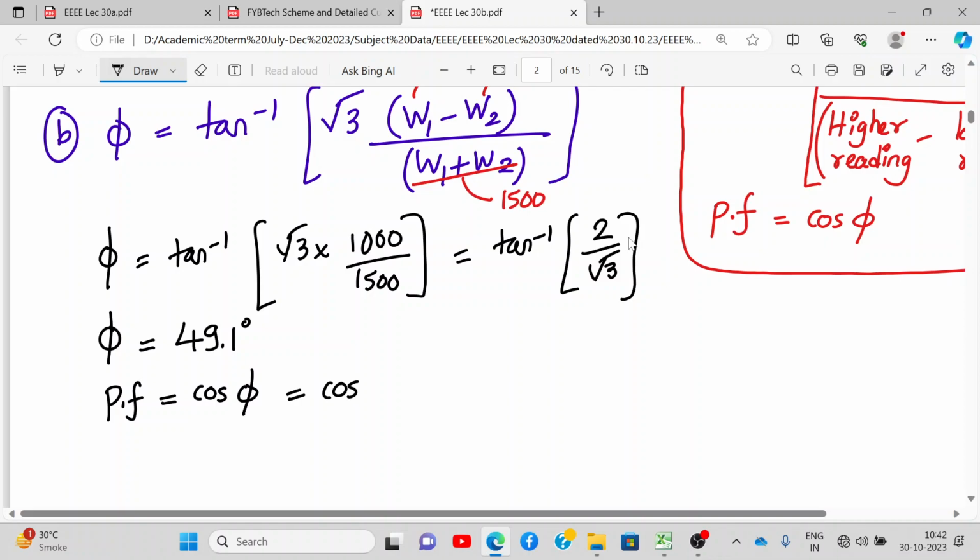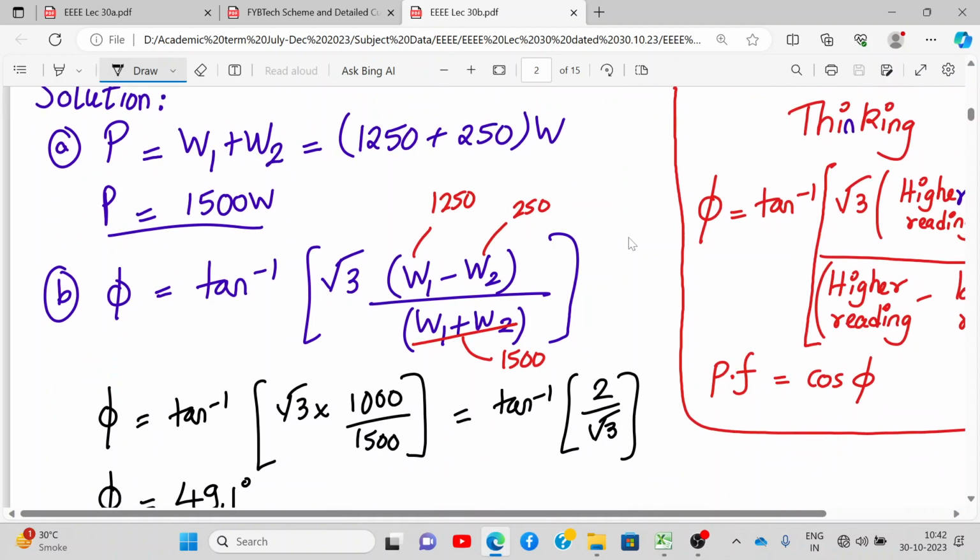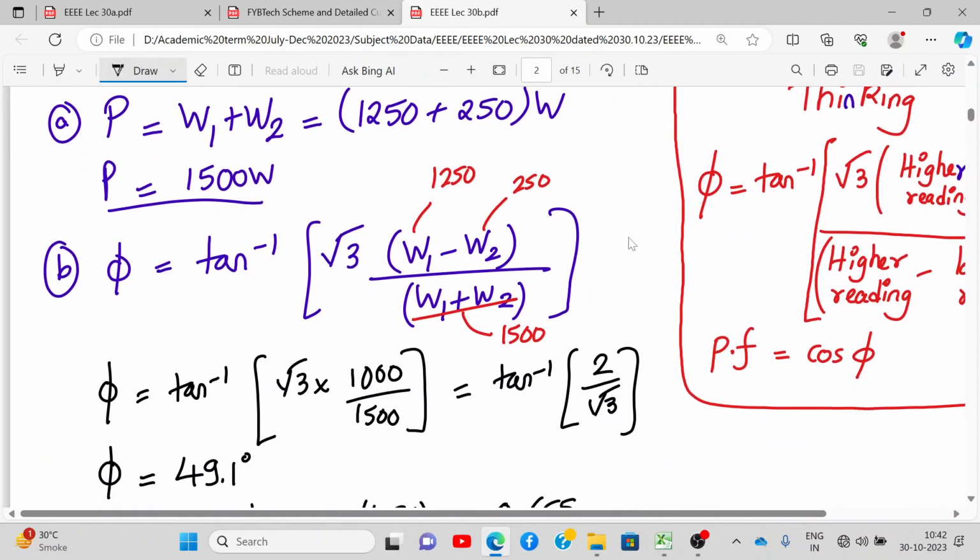So the power factor will be cos of 49.1 degrees. That will be 0.655. You're getting this? Same? Okay. This is for the first case, where W1 and W2 are both positive.